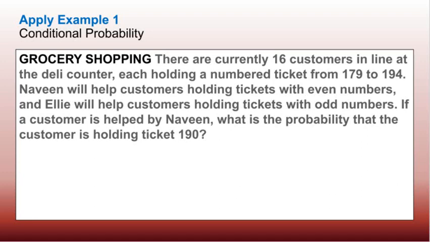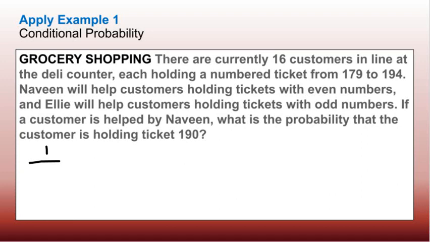For example, there are currently 16 customers in line at the deli counter, each holding a numbered ticket from 179 to 194. Naveen will help customers holding tickets with even numbers, and Ellie will help customers holding tickets with odd numbers. If a customer is helped by Naveen, what is the probability that the customer is holding ticket 190? Now, there's only one ticket that is 190. Naveen is helping those who are holding an even number.